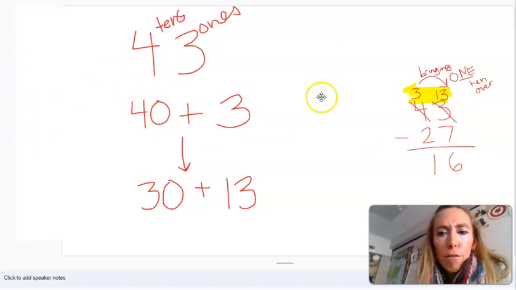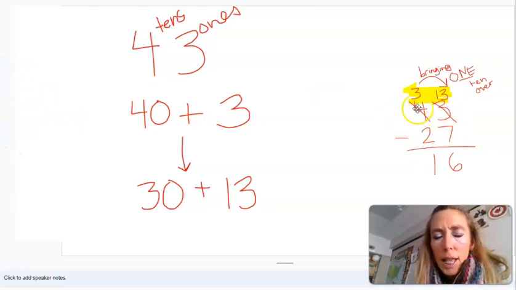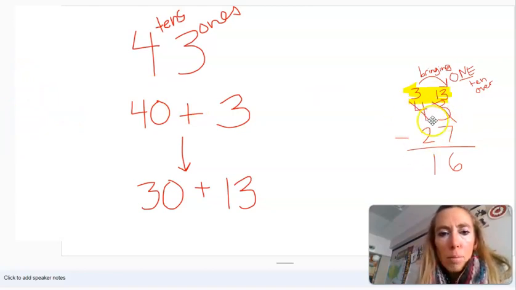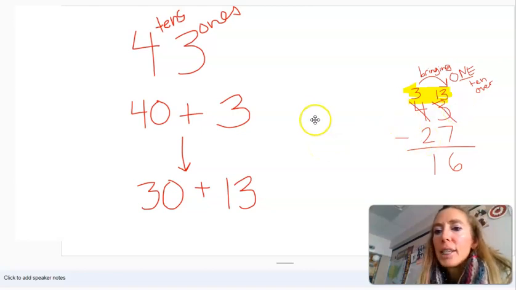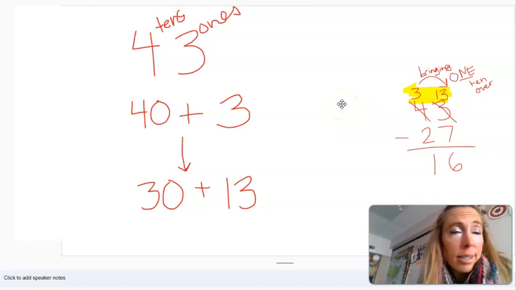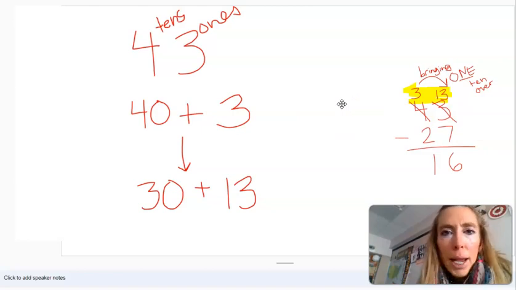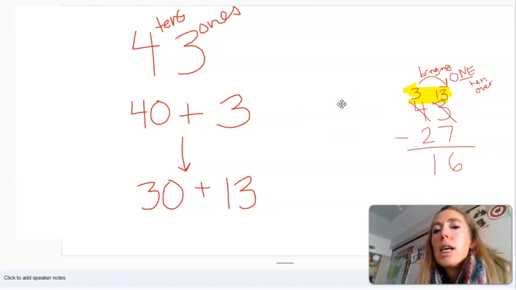So if I look at that 43 that I had showed you in that first problem, what is really happening when you're regrouping? A lot of people are going to regroup and not even know the math behind it. And you know what? You're okay. It's fine. Okay?